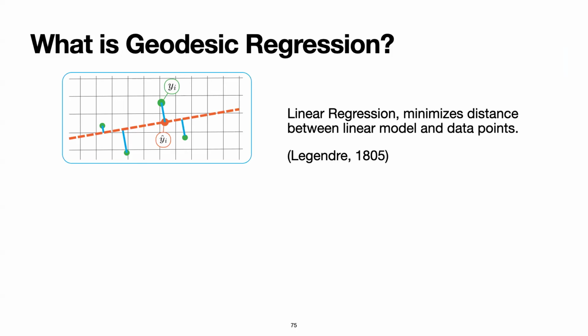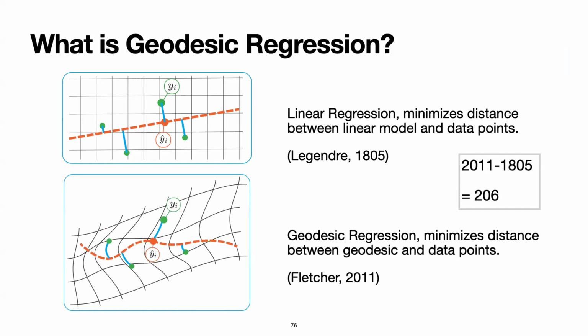It's very old news. Geodesic regression, on the other hand, was developed in 2011. So we're about 206 years late. That's why this is a new thing and it's very exciting that Geomstats implements it. Geodesic regression minimizes the distance between a geodesic model and the data points.